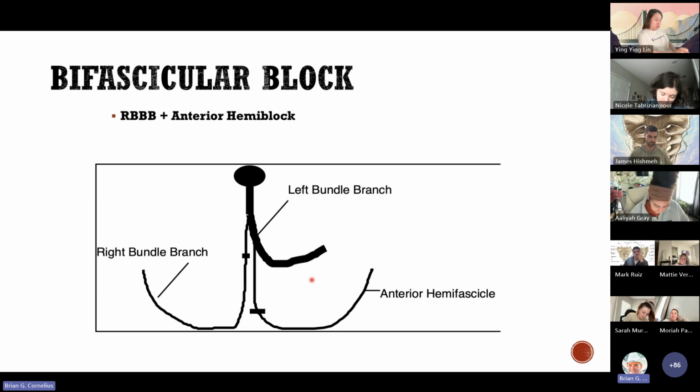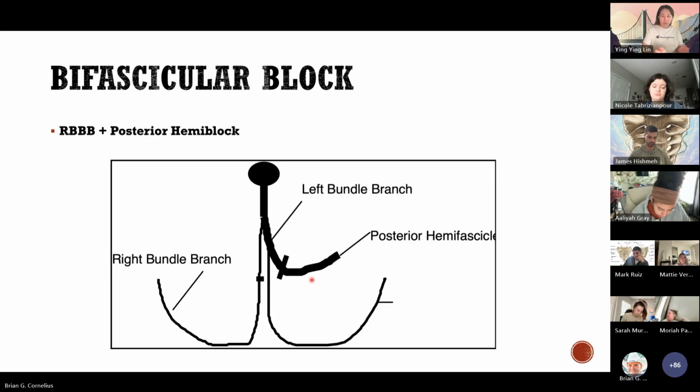So these are the patients that we really have to worry about giving somebody a ventricular antiarrhythmic because they're very high risk that if I give them that medication and it works the way I want it to, that will slow the conduction through an already affected ventricle. So this is a patient that has a blockade of the right bundle branch, and then they have a blockade of the posterior portion of the left ventricle. Make sense?